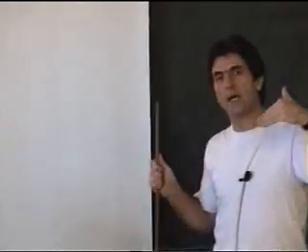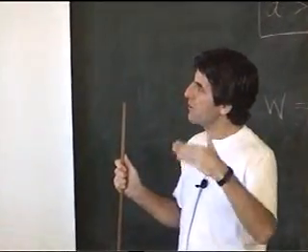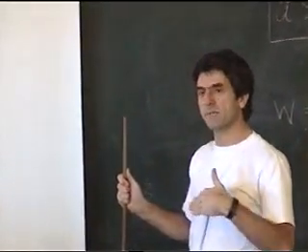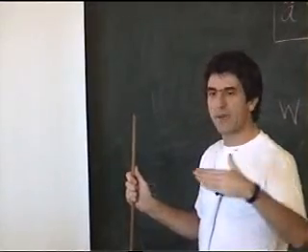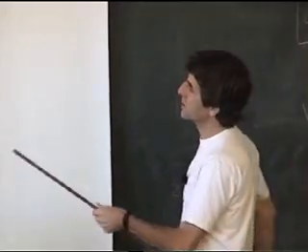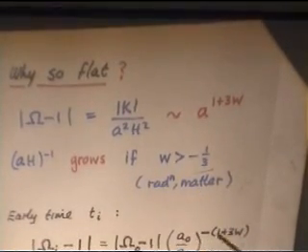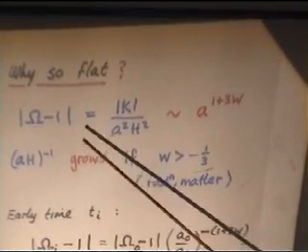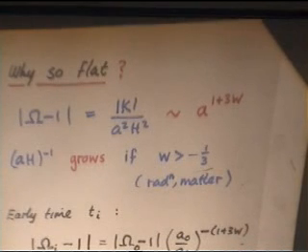And George actually showed you some phase diagrams in which it was clear how the difference between omega and 1, either positive or negative in both cases, grew dramatically with the expansion of the universe. And this is certainly true, provided the universe is dominated by a fluid with w greater than minus a third, that the difference between omega and 1 is going to grow with expansion.